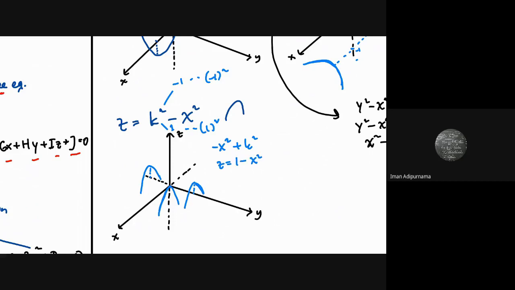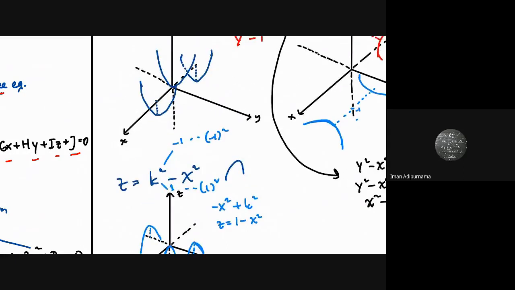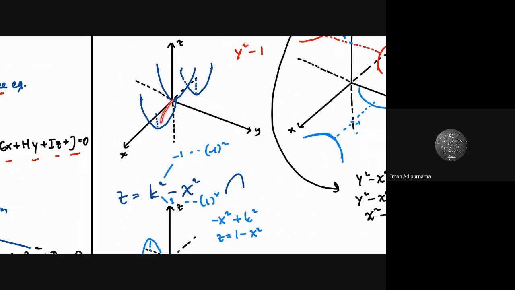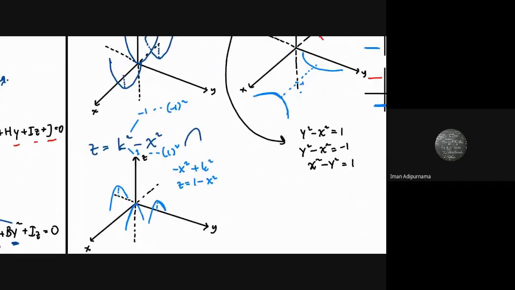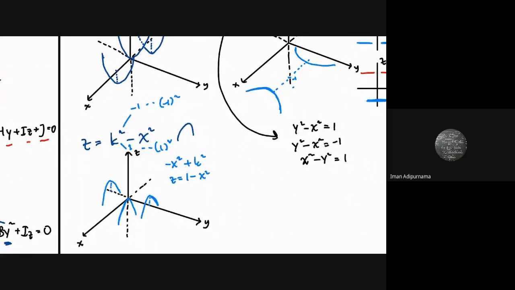So 1 minus x squared is this parabola and this parabola. And this is just -x squared. So it will be going up to here from the origin and going up here. Different from the previous one where it's going down here and going down here. Is that clear enough for the parabola?